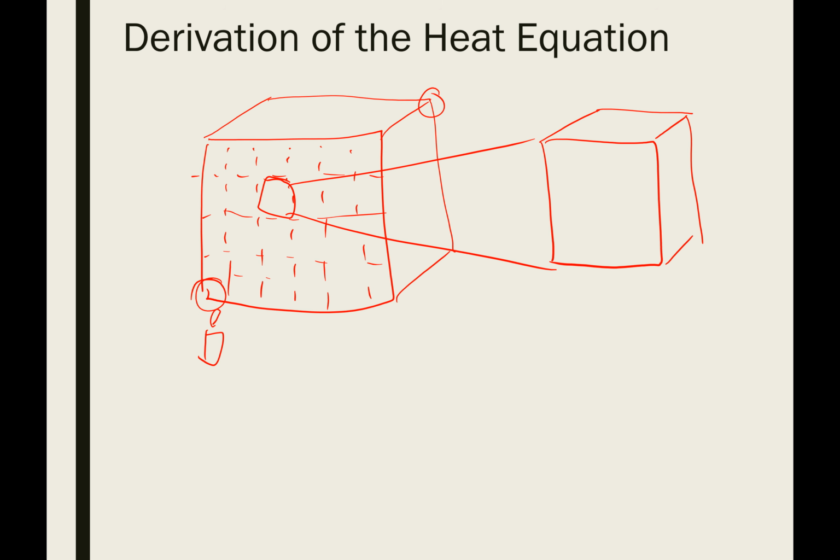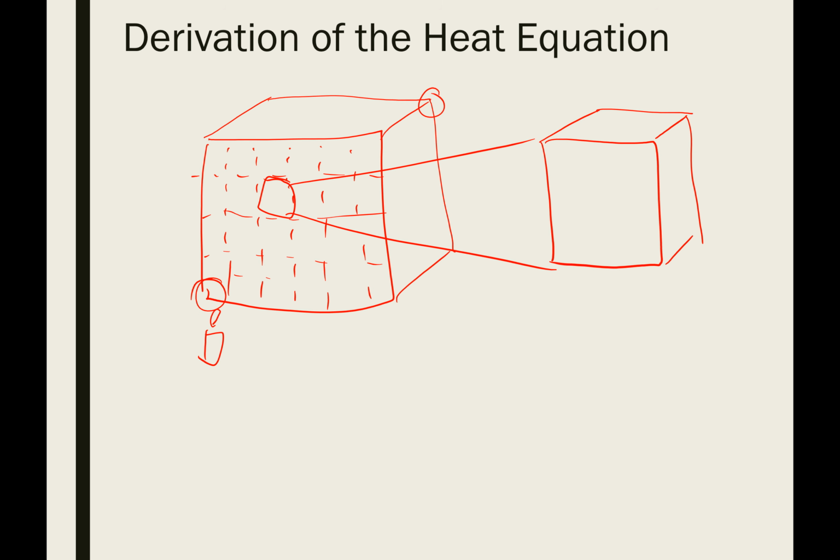Except at the boundaries of our mass, there will be other things happening like convection or radiation. But we do this energy balance on one cube and then assume that the same math can apply everywhere throughout. The temperature might change, but the form of the energy balance is the same.